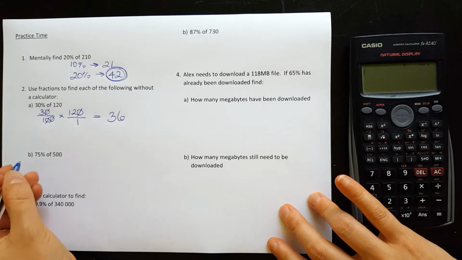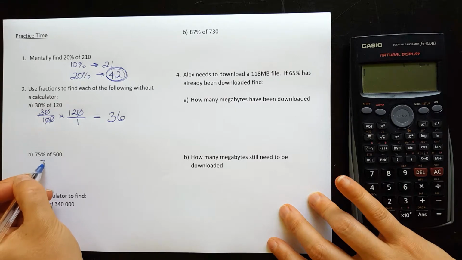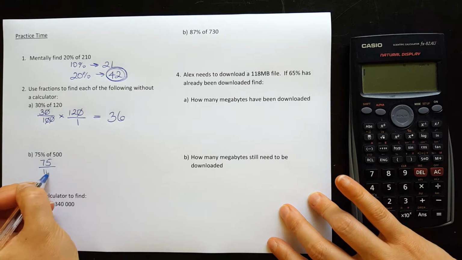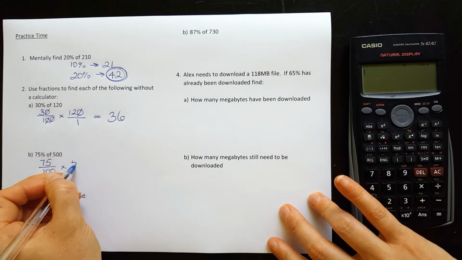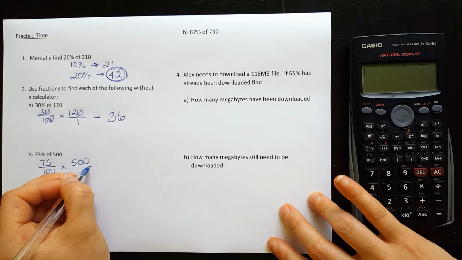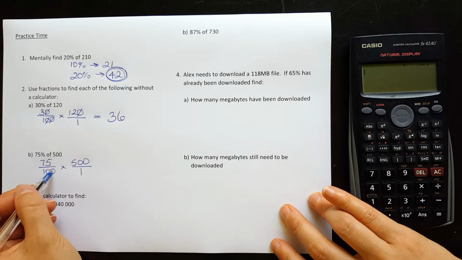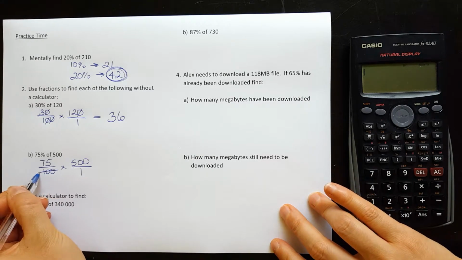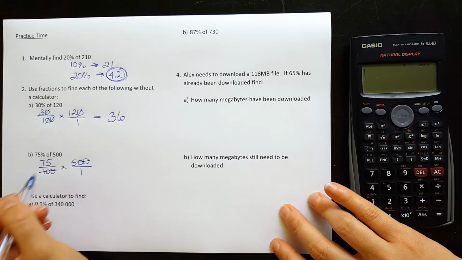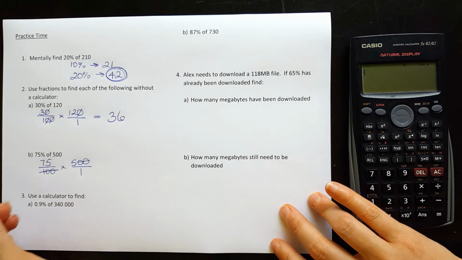Let's do it again for B. 75% is 75 over 100. Of means times by 500. Put it over 1 to make it a fraction. So I can cancel 100 from here with 100 from there, making that just a 5. And all I have to do is times 75 by 5.